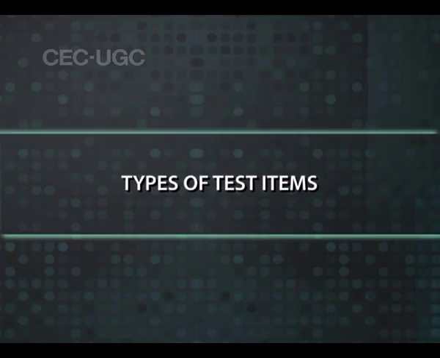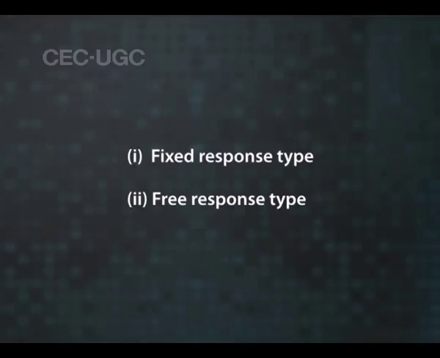Types of test items. A written test is made up of a number of items or questions, and these items differ on the basis of the types of responses they demand. Test items can be generally classified into two categories: fixed response type and free response type.